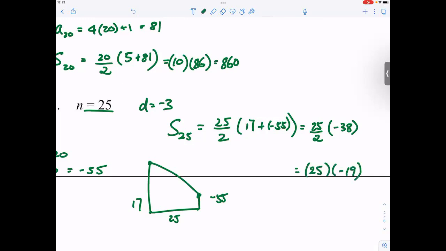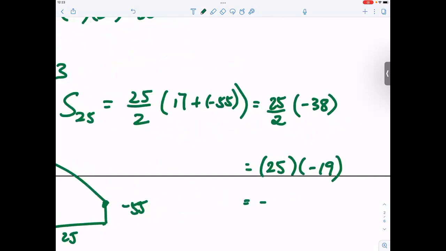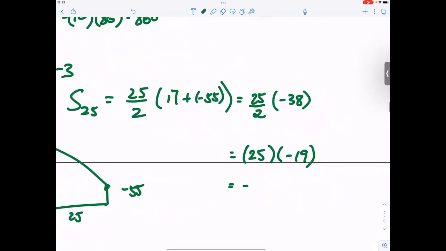Now, how can you do this multiplication very quickly? Louder? 40 times 25? You said something, I think, wait, say it one more time.